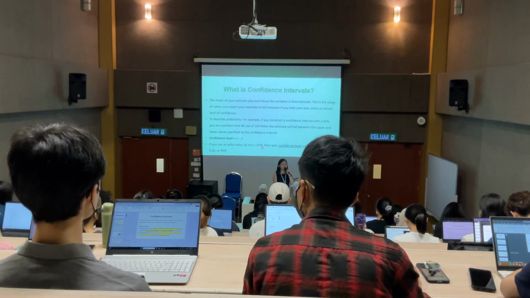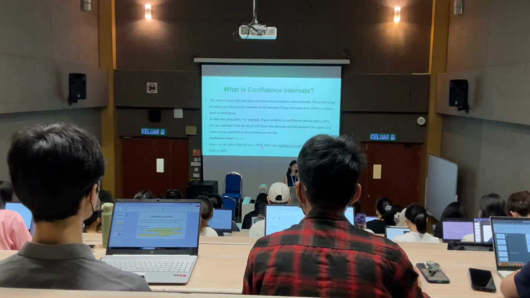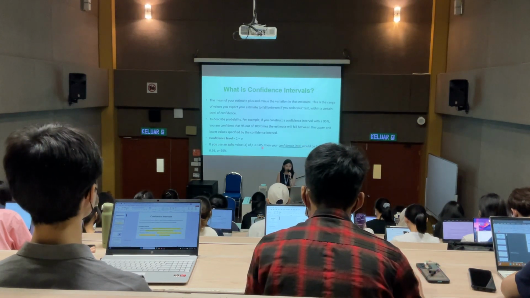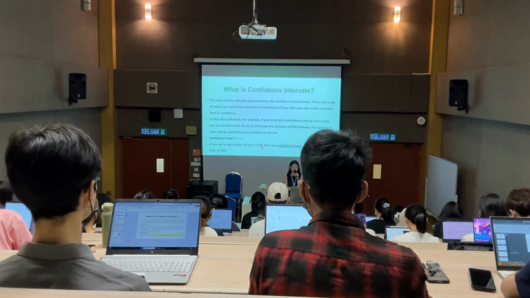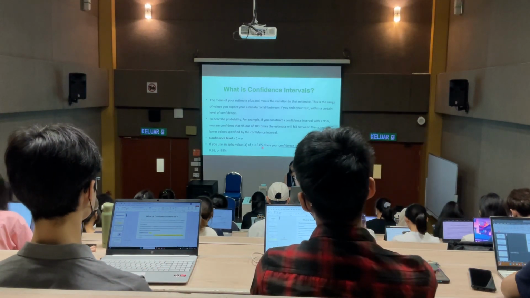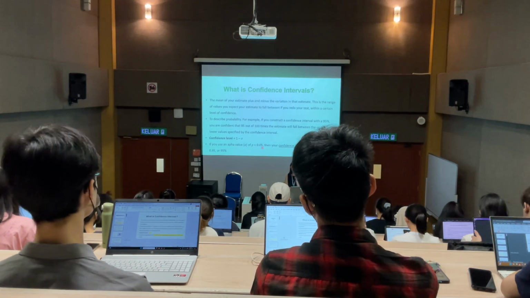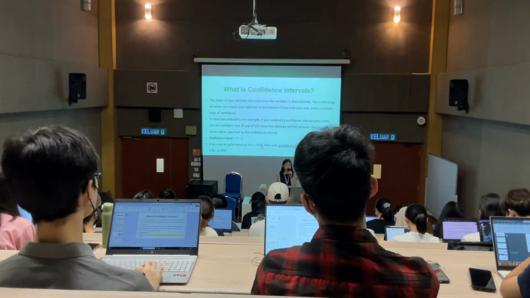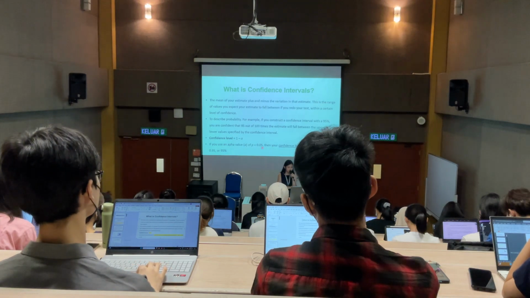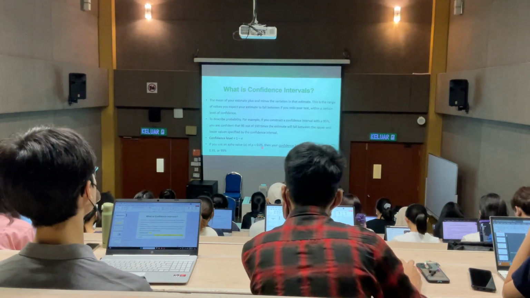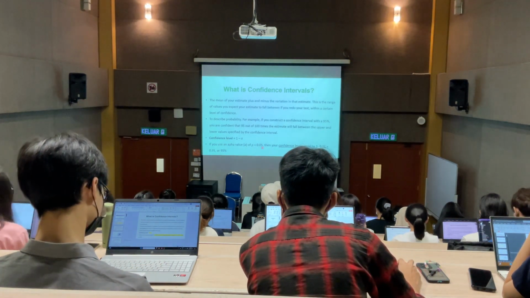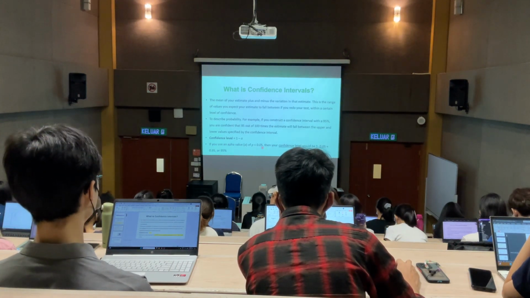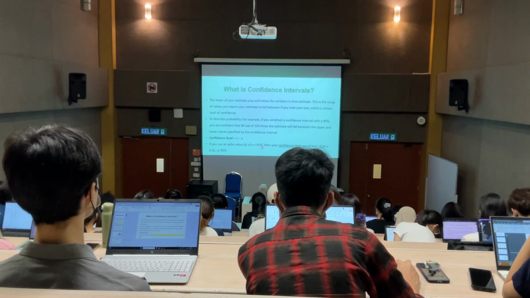So the confidence interval is the mean of your estimate plus and minus the variation in that estimate. So you will get the range. You will have an upper value, you will have a lower value. This is the range of values you expect your estimate to fall between if you redo your test, within a certain level of confidence. So confidence intervals are also for you to describe probability.